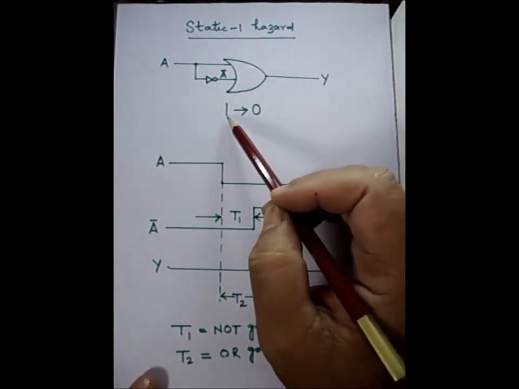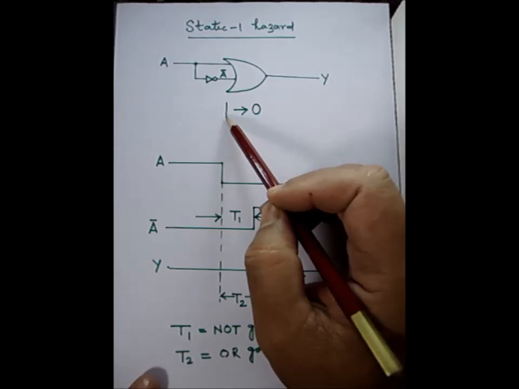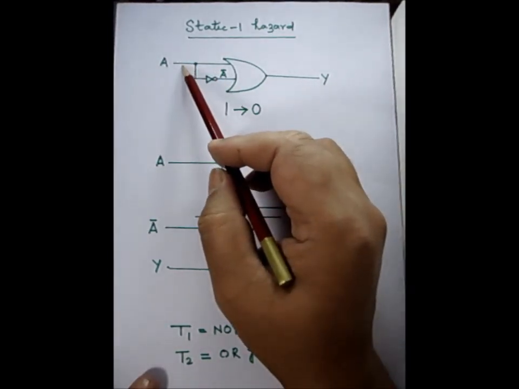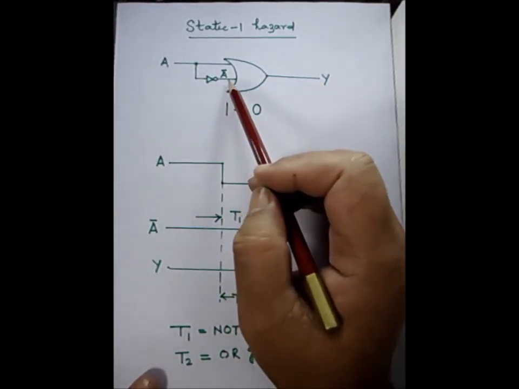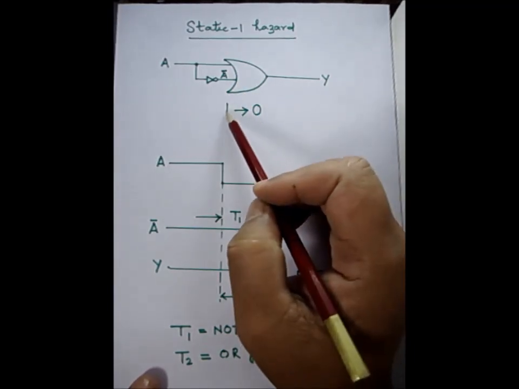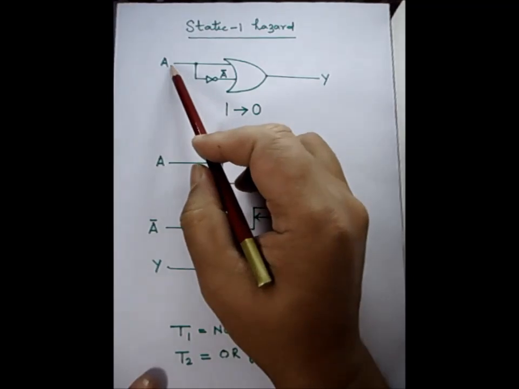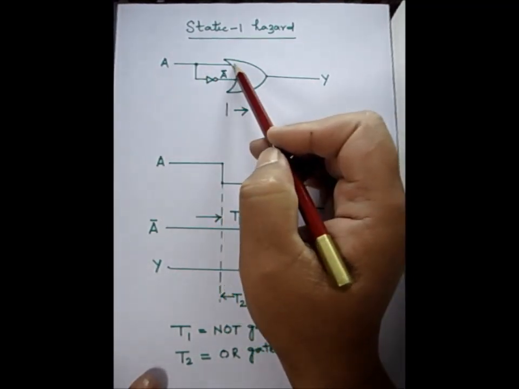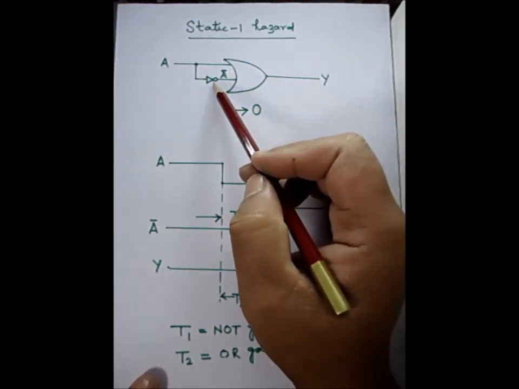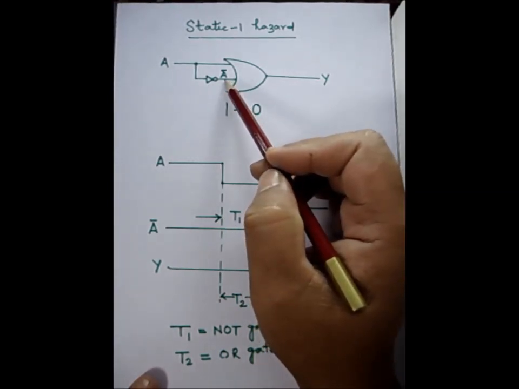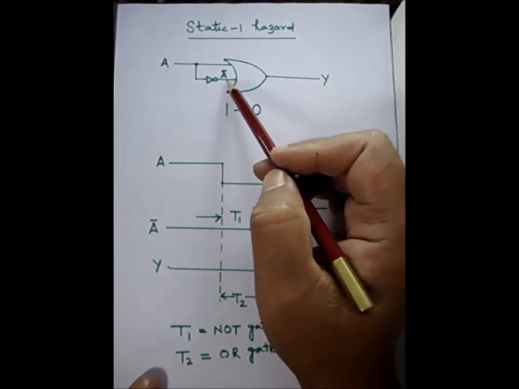Now let us take a scenario where input A makes a transition from 1 to 0. That means when it was 1, the output was 1 and the complement of A was 0. Now when it changes from 1 to 0, input A immediately becomes 0, but due to the delay in the NOT gate, the complement of A remains 0 for a period of time.